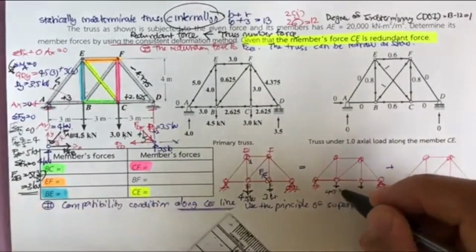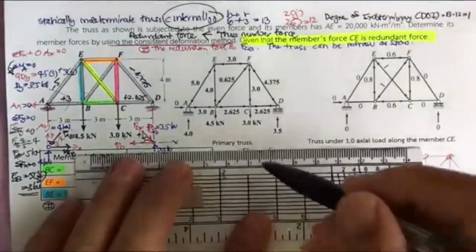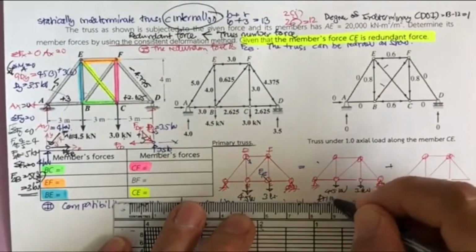This is 4.5 kilonewton, and this is 3 kilonewton. Again, we call this the primary truss, which is the same as here.